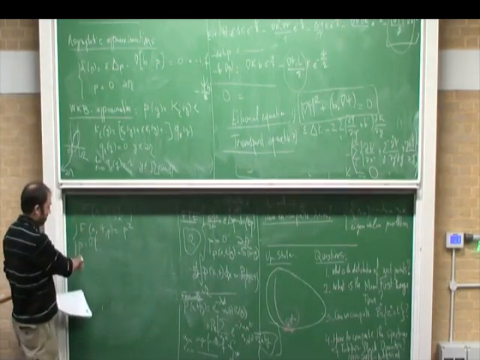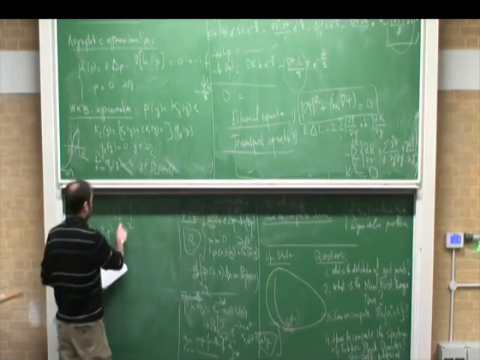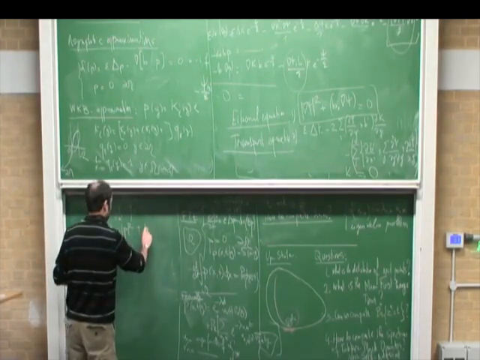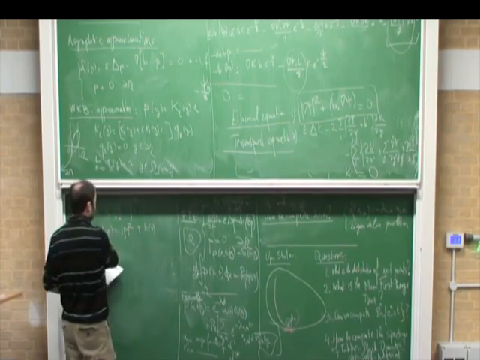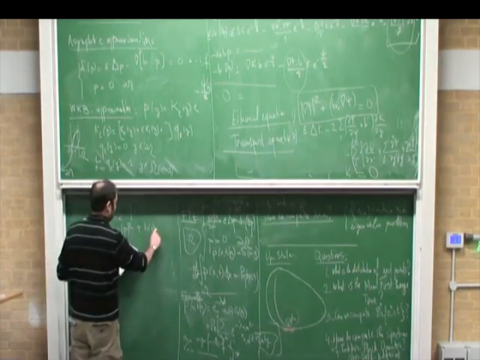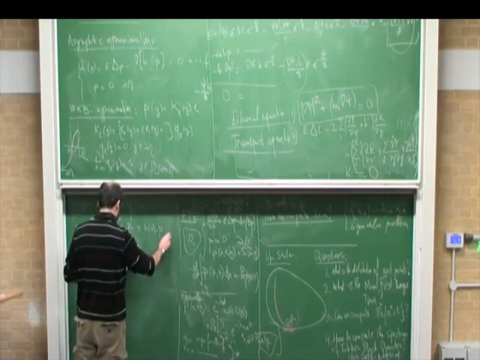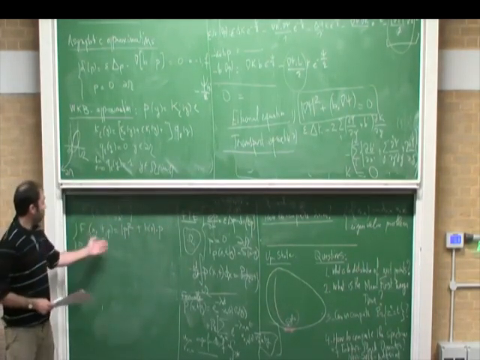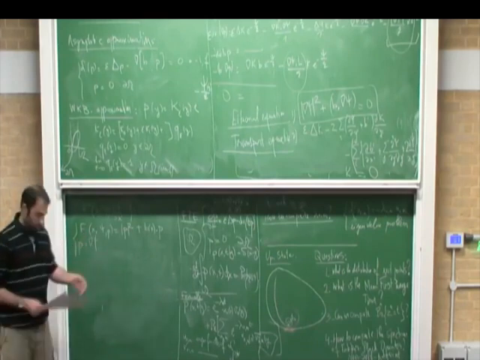This is like a vector. So this is p squared plus b, which can be a function of x, scalar product p. Right?